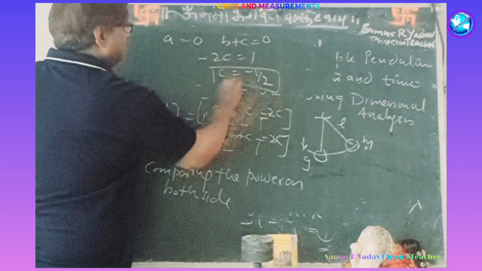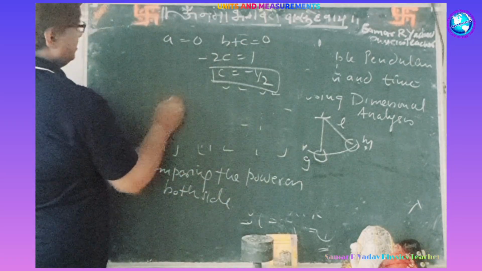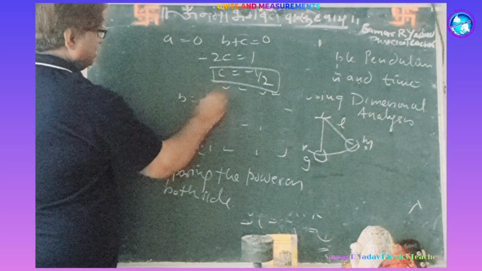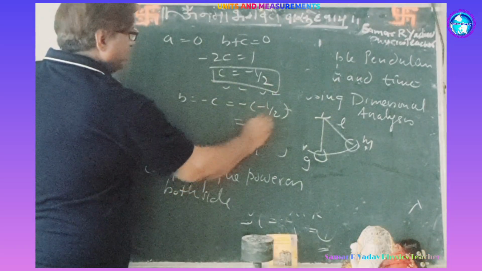Now keeping c is equal to minus 1 half in this equation, you can get b is equal to minus c, which is equal to minus of minus 1 half, is equal to 1 by 2.